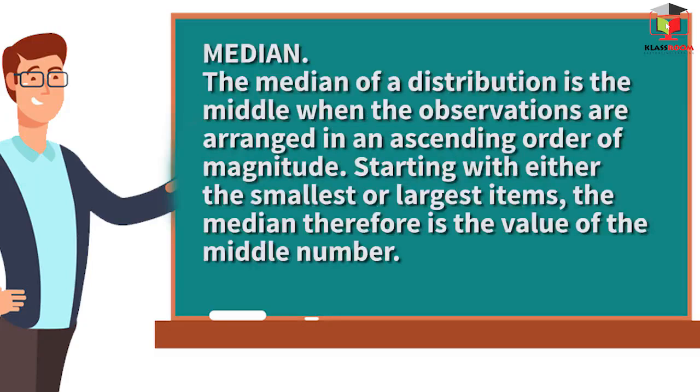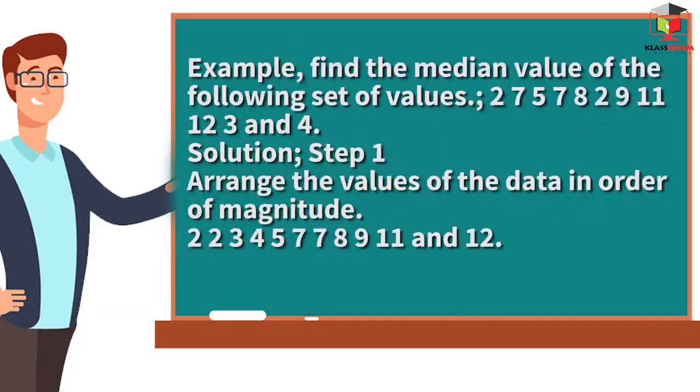Median. The median of a distribution is the middle value when the observations are arranged in ascending order of magnitude, starting with either the smallest or largest items. The median, therefore, is the value of the middle number. Example, find the median of the following set of values: 2, 7, 5, 7, 8, 2, 9, 11, 12, 3, and 4.